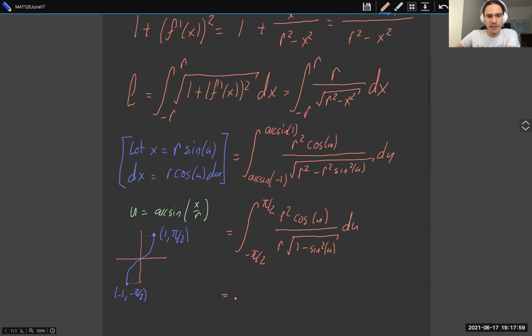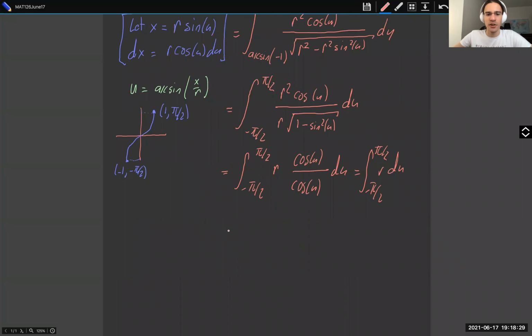And then we can rewrite this as the integral from minus pi over 2 to pi over 2 of, so the r's cancel. I get a single r, and then I get cos u divided by cos u du. So this is just the integral from minus pi over 2 to pi over 2 of r du.